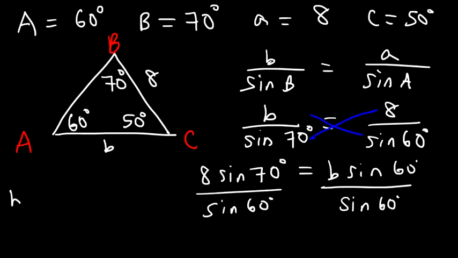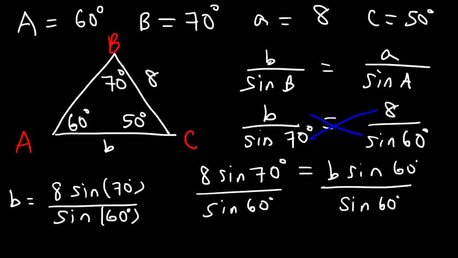So this is what you want to type in your calculator: 8 times sine of 70 degrees, and then divide that by sine 60. If you don't get the right answer, perhaps your calculator is in radian mode. So make sure to change it to degree mode. So you should get 8.68. So that's the value of B.